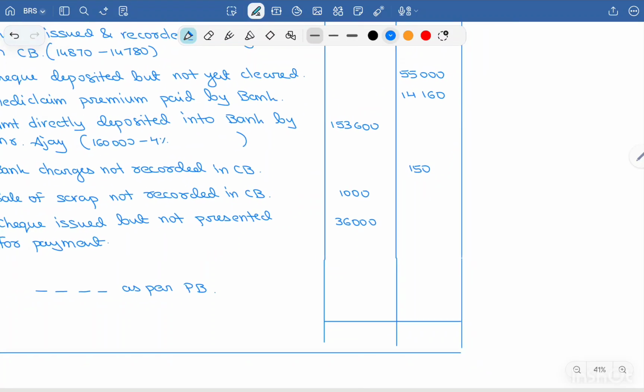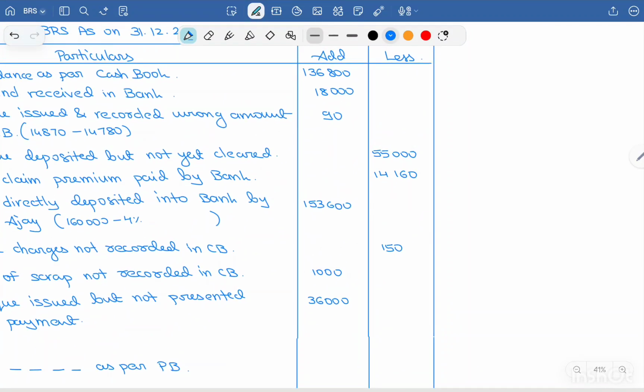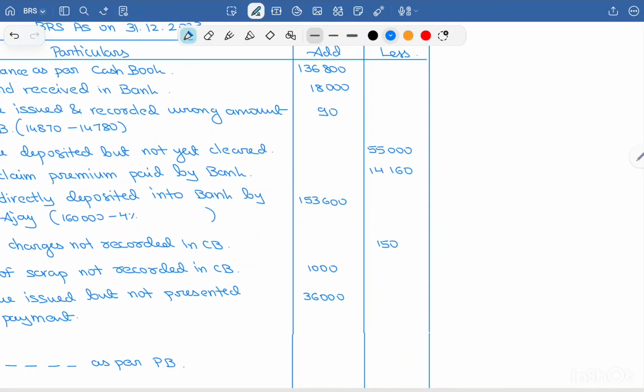Now let us check the total of the debits, add column and less column. So add column we will do first. 136,800, 18,000, 90, 153,600, 1,000 and 36,000. It is 3,12,490. Less column 55,000, 14,160, 150, 69,310. So what is the difference of these two?